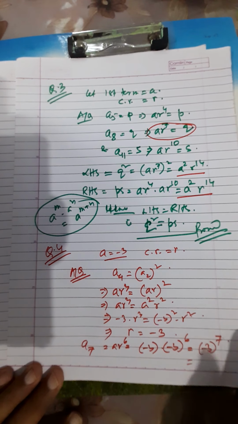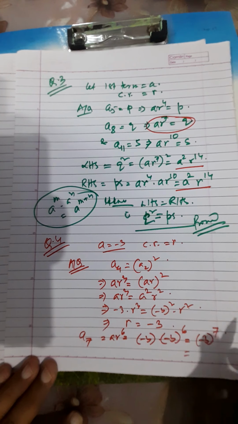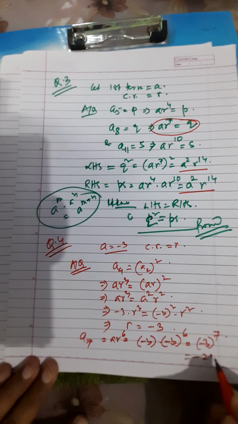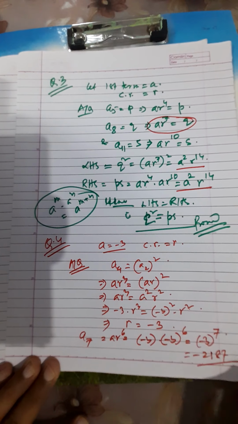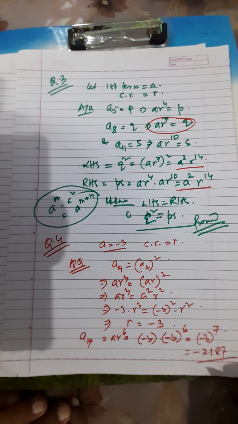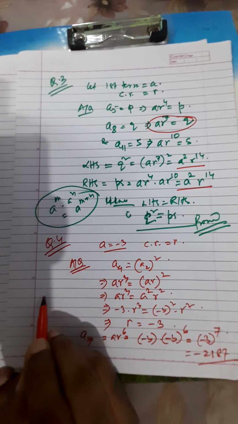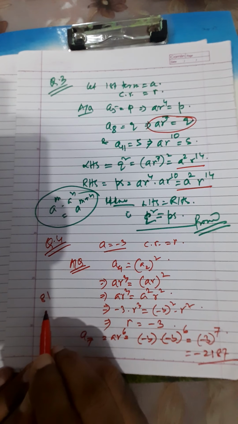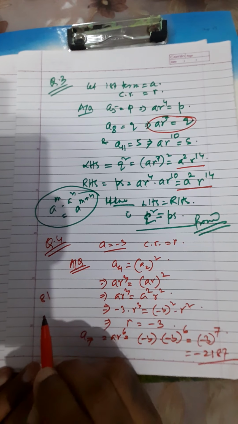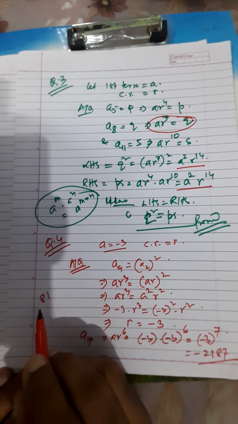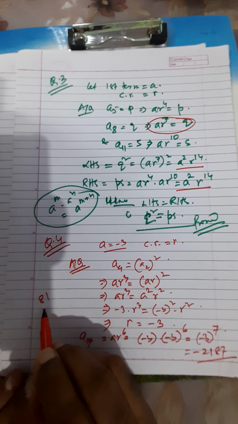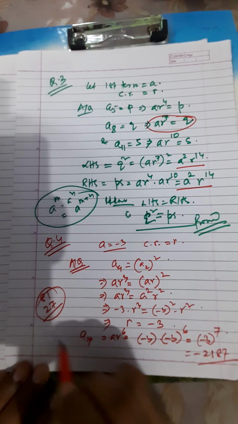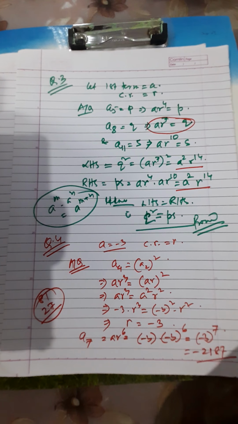If we expand it, we get -2187. 3 to the power 4 is 81, and 3 cubed is 27. If we multiply these two, we get 2187. The power is an odd number, so the sign will be negative.